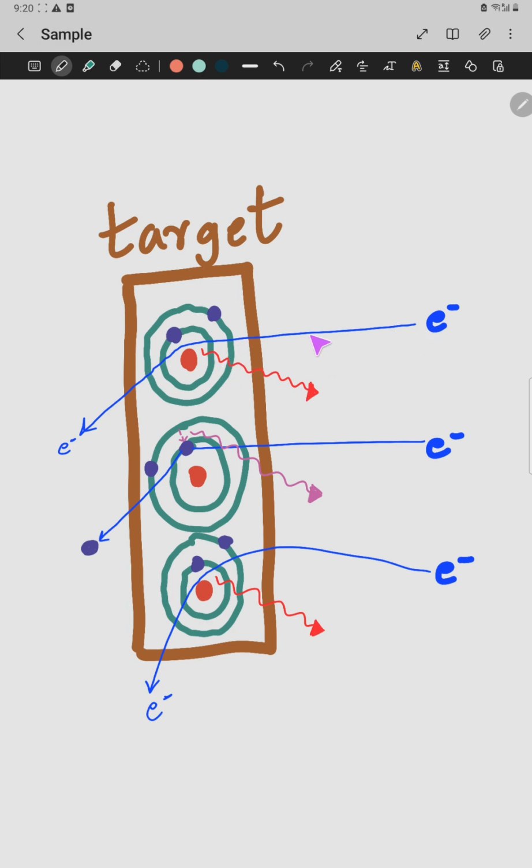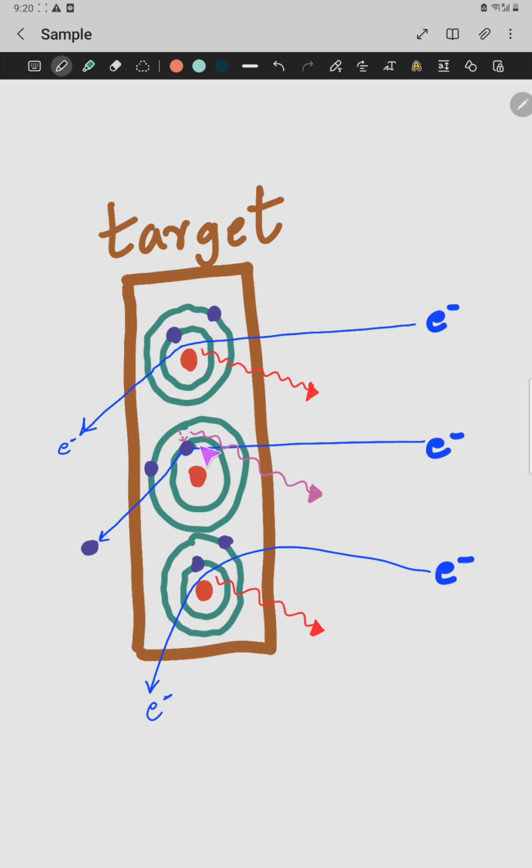Most of the electrons which are produced undergo Bremsstrahlung radiation, as so many tungsten atoms will be there, so it can hit the tungsten atom from various angles. So at a different angle, the Bremsstrahlung photon energy which is being produced will also differ.